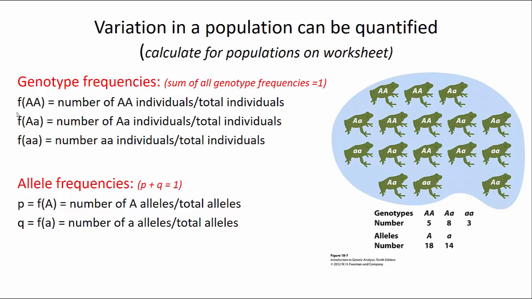There are only 3 different types of genotypes that could be present in that population, and each of these should be a fractional number. You can check your work by simply adding them all up. The sum of all of the genotype frequencies should be 1. Likewise, for the allele frequencies, p plus q, or the frequency of big A plus the frequency of little a, should add up to 1 as well.